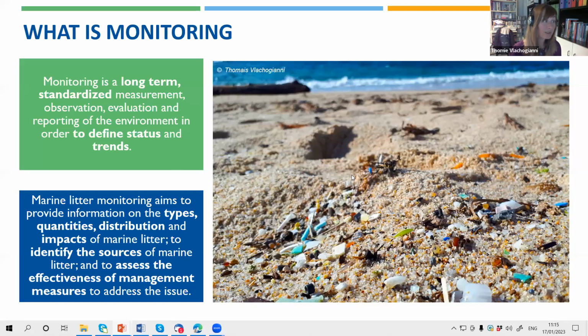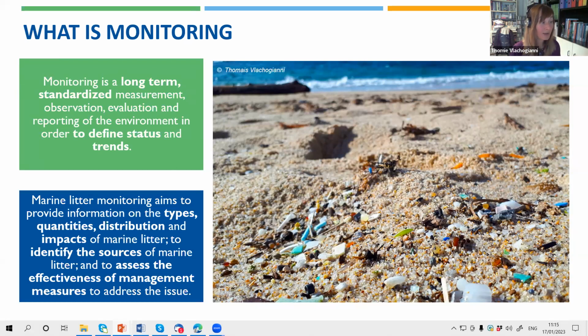So let's begin with a few definitions that will be useful in order for all of us to have a common understanding of the different aspects of the problem of marine litter. So first of all, as monitoring, we define a long-term standardized measurement, observation, evaluation, and reporting of the environment in order to define the status and trends.